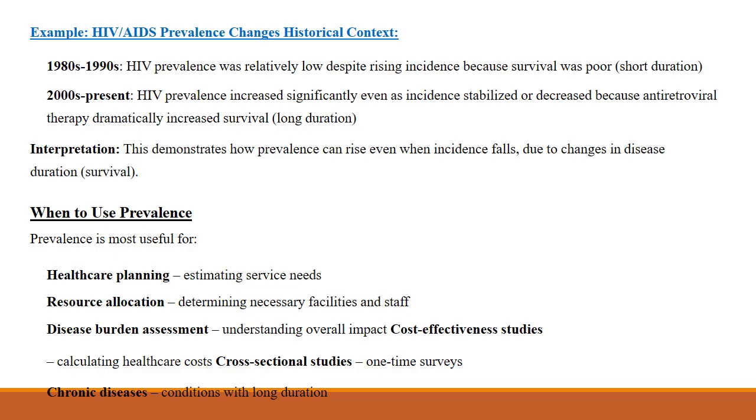From 2000 to the present, HIV prevalence increased significantly even as incidence stabilized or decreased, because antiretroviral therapy dramatically increased survival, long duration. Interpretation: this demonstrates how prevalence can rise even when incidence falls due to changes in disease duration.